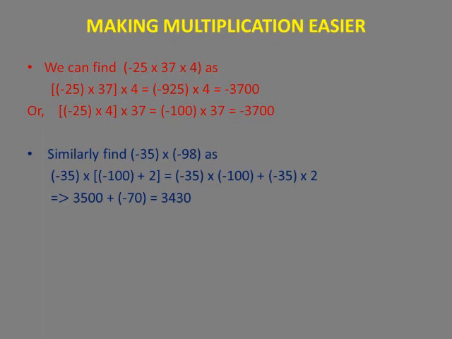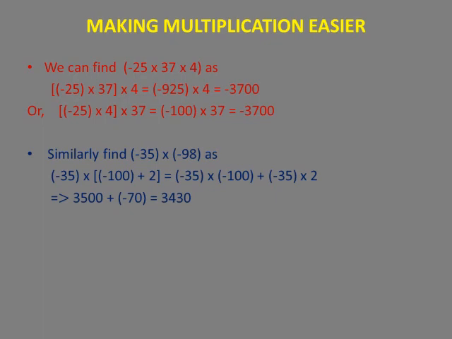But if we convert it into the distributive property, the multiplication will be easier, because whenever we apply these properties, we always search for a chance of getting multiples of 10, because multiples of 10 are always easy to multiply or add. As you can see here, instead of minus 98, we have written minus 100 plus 2, and then we have applied the distributive property here, and by that we get 3500 plus minus 70, which is easy to add.